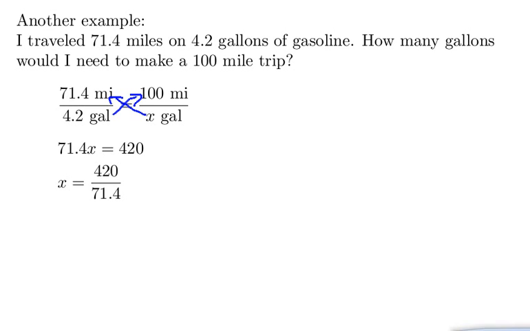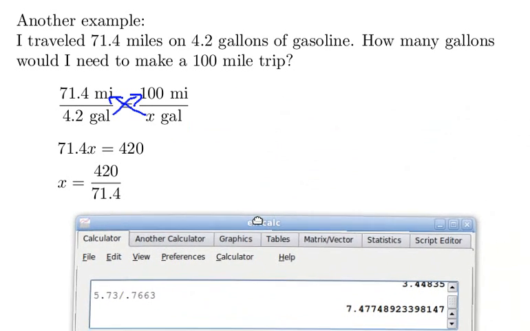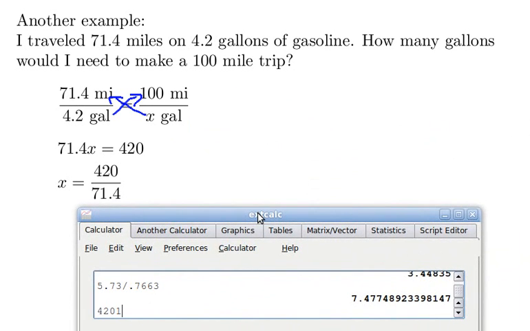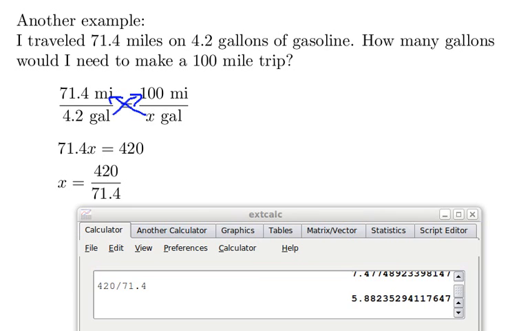And I'll bring out the calculator again. 420 divided by 71.4 comes out to about 5.88 gallons, which should make sense because if it took 4.2 gallons to go 71.4 miles, it's going to take a little bit more to go 100 miles.